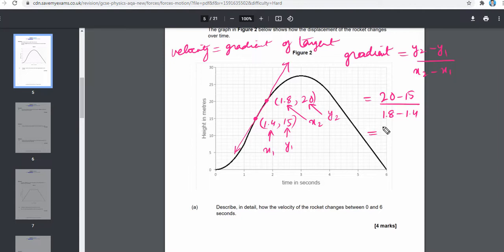I'll just put that into the calculator and get the answer. So it will be 12.5 meters per second. 12.5 meters per second will be my maximum velocity. So this is how we'll do part B.